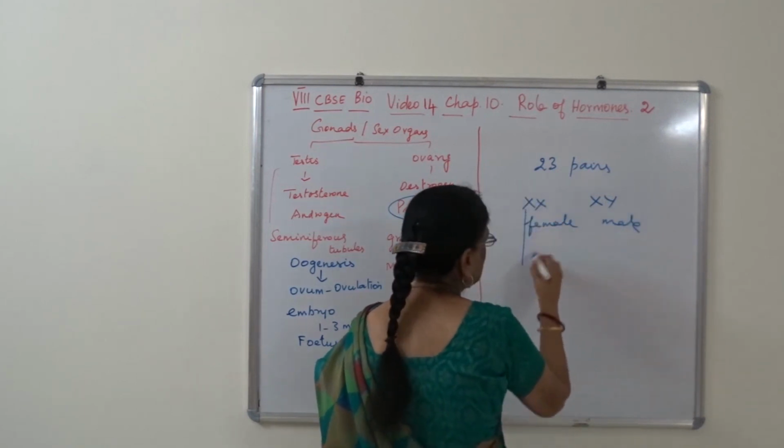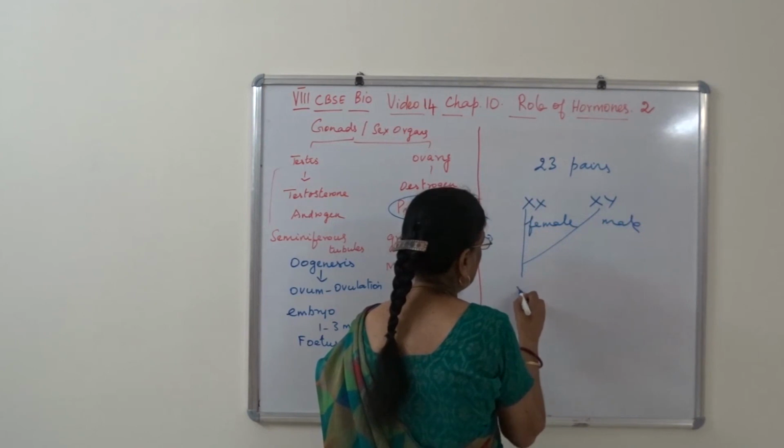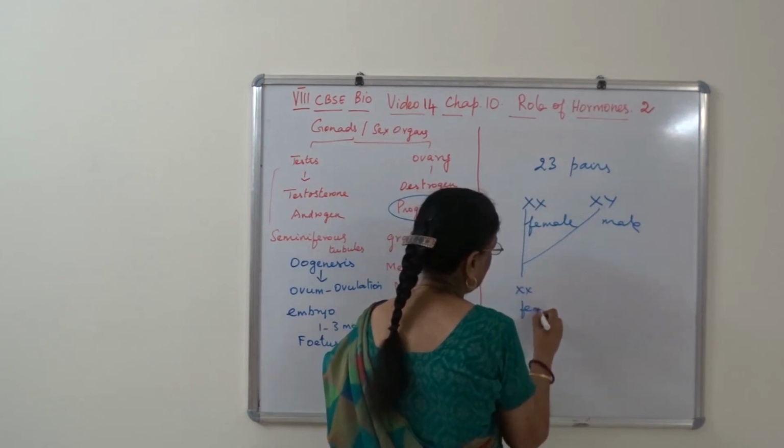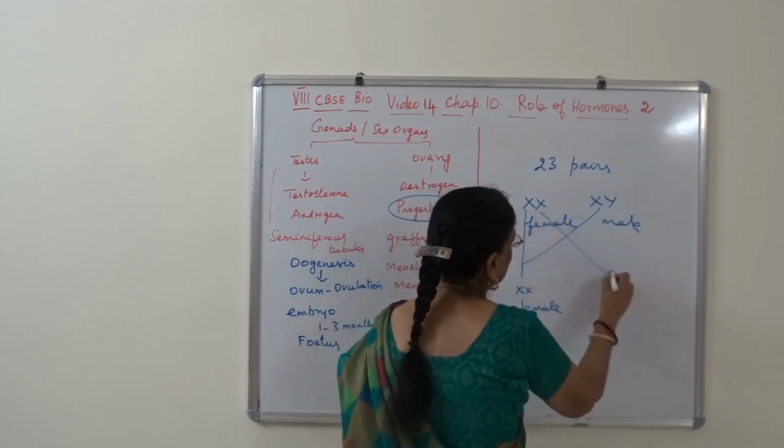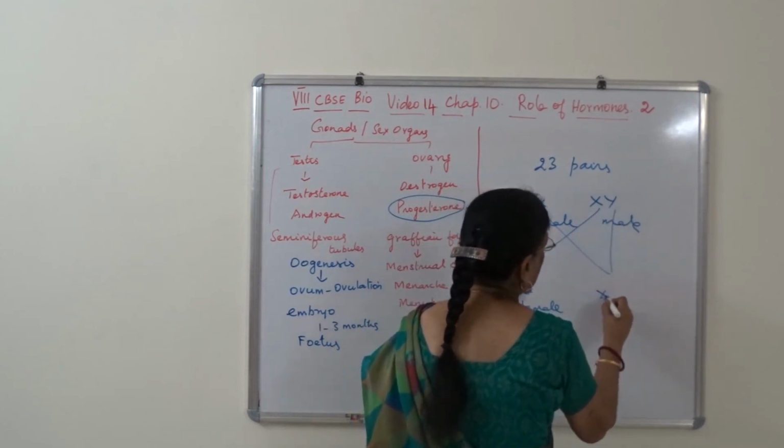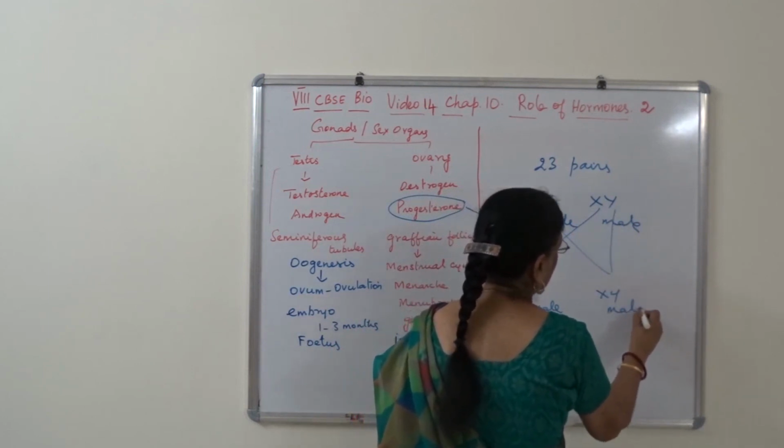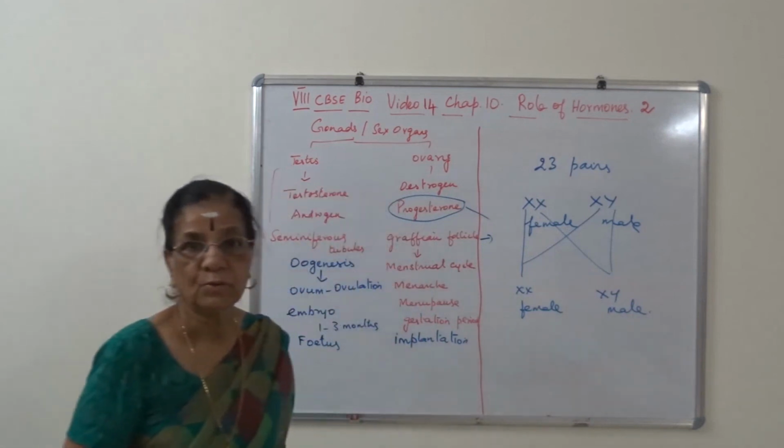Okay. Now this X and this X will have XX, female, and this X and this Y will have XY, male. I hope you follow. Right?